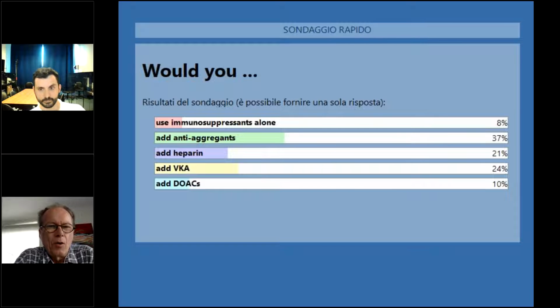Okay, so most of the respondents would change the treatment and add something to treat the coagulation status, but there is a wide range. So 37% would add aspirin or something like that, 21% would give a heparin, 24% would give a vitamin K antagonist, and 10% would add DOACs. 8% would not do anything else than give immunosuppressants.